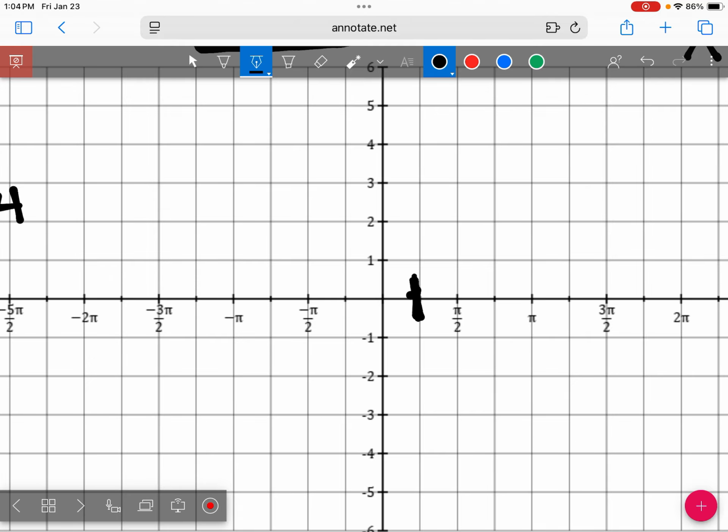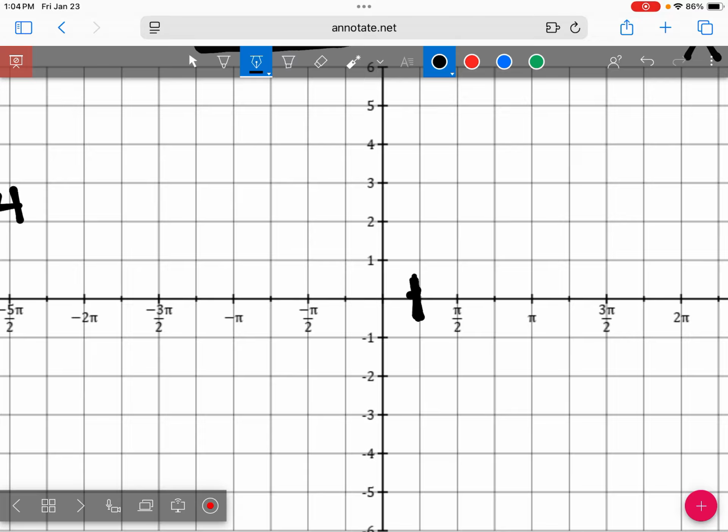I think when we talk about degrees, since degrees aren't in fractions, we tend to understand that better. But pi over 4, if you remember from your unit circle, is the same as what? How many degrees is pi over 4? 45. Okay, so 45 degrees is half of 90 degrees.